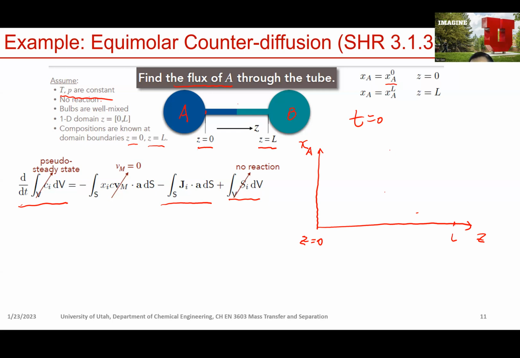We know initially there's a wall separating the left side of the tube from the right-hand side. Before we remove the wall, let's assume the system is already in a steady state. That means the concentration will be the same on the left-hand side and on the right-hand side. So this is going to be XA.